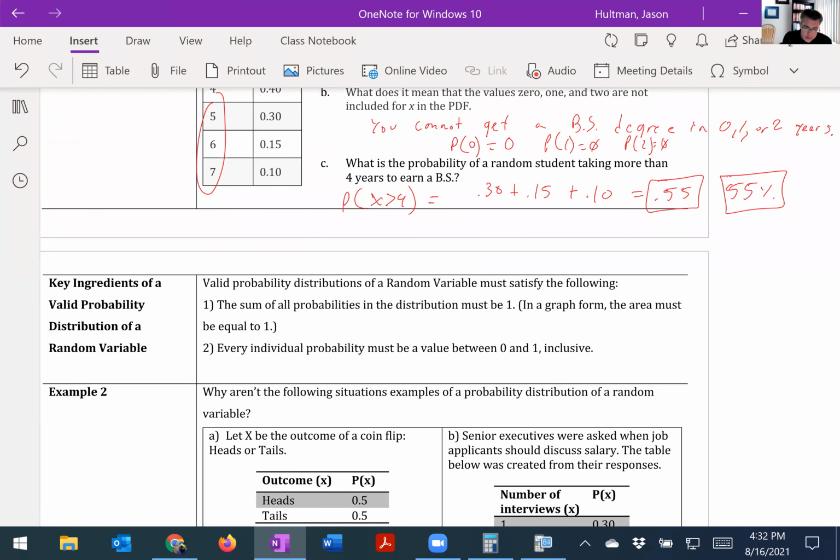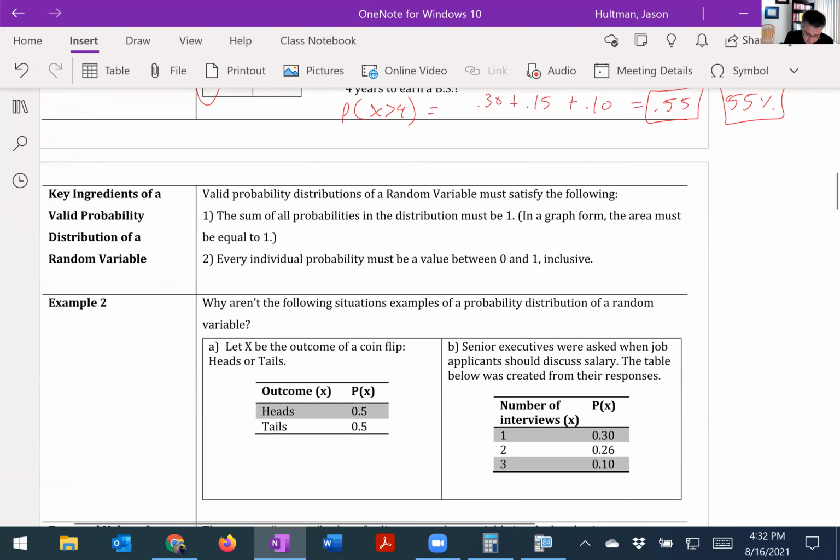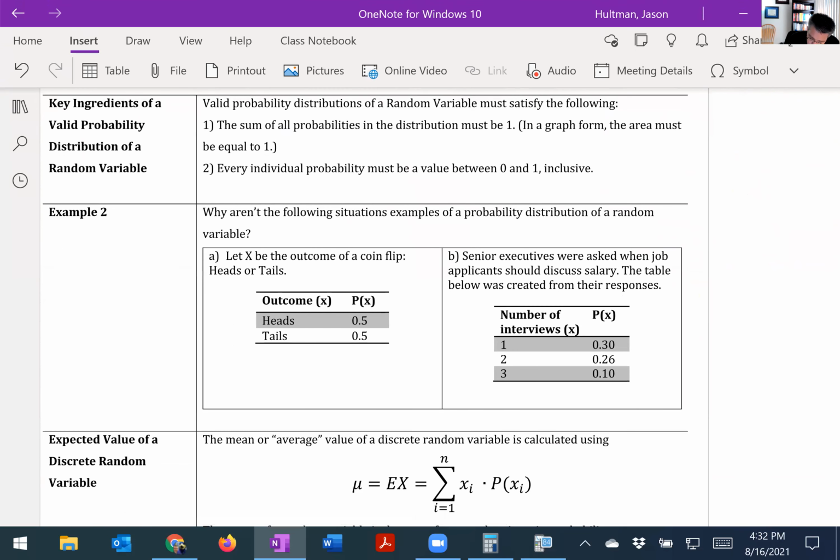Okay, key ingredients of a valid probability distribution of a random variable. Okay, the sum of all the probabilities must be equal to 1. We went over that. Every individual probability must have a value between 0 and 1. Okay, and I'm going to put a third one here, is that the random variable must be quantitative.